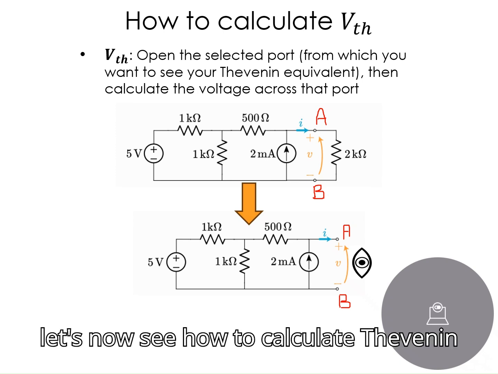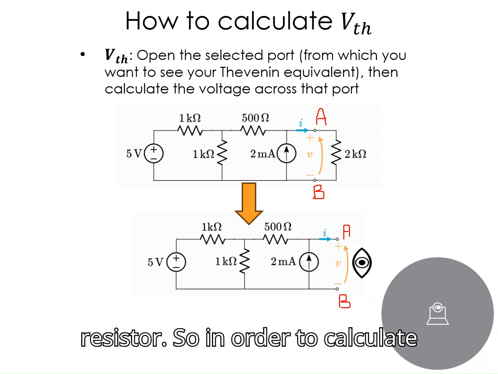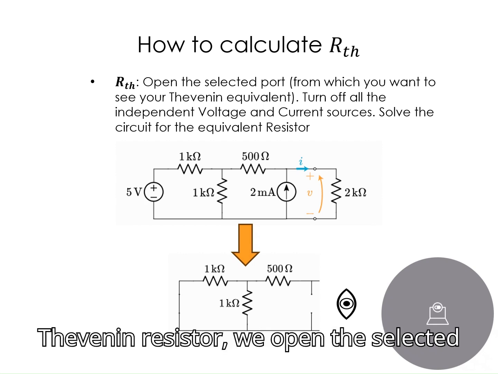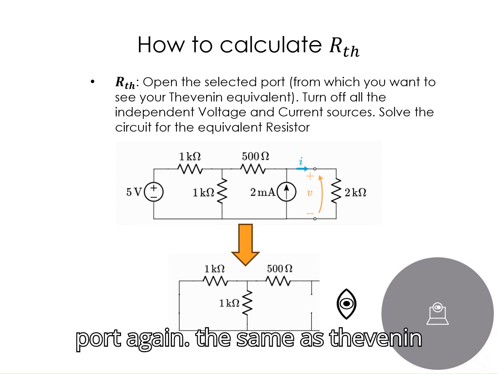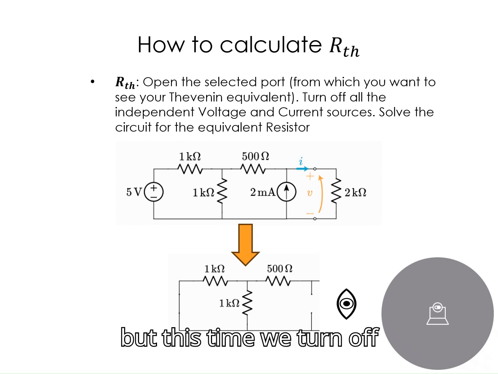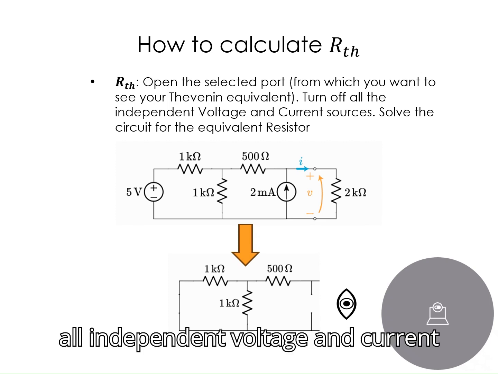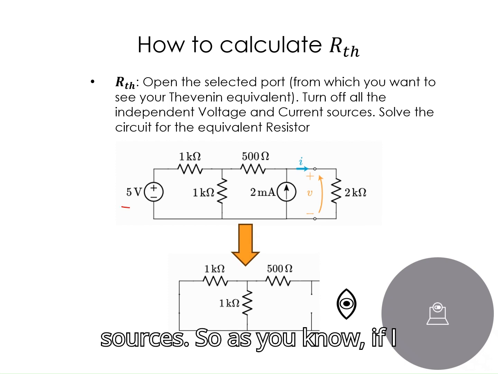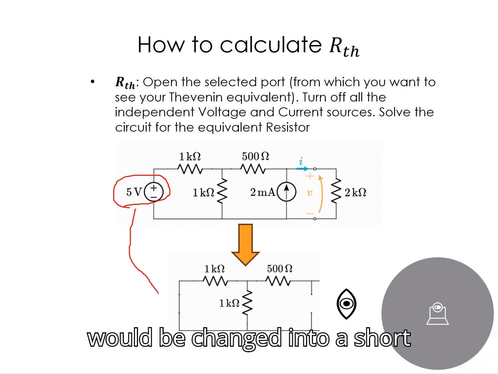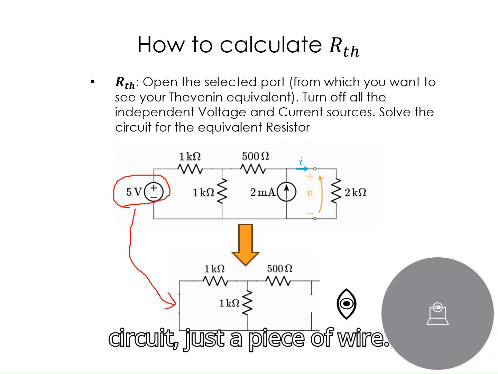Let's now see how to calculate Thevenin resistor. In order to calculate Thevenin resistor, we open the selected port, again the same as Thevenin voltage. But this time we turn off all independent voltage and current sources. As you know, if I want to turn off a voltage source, it changes into a short circuit, just a piece of wire.